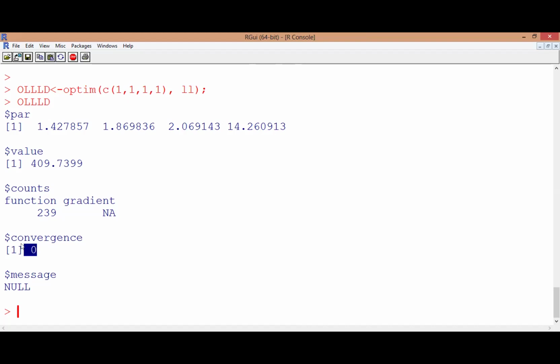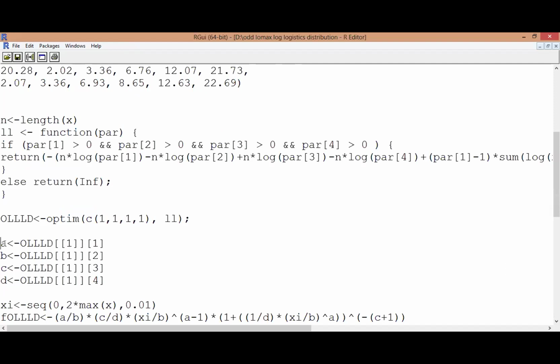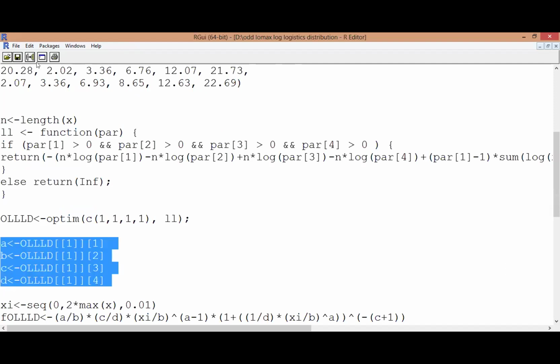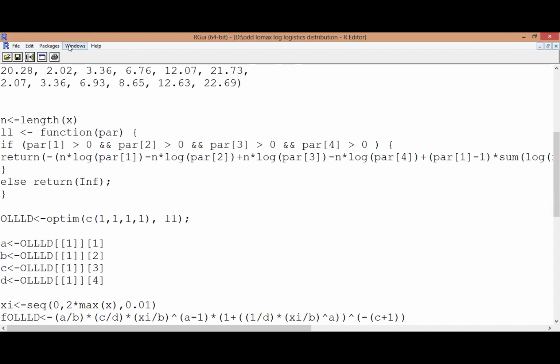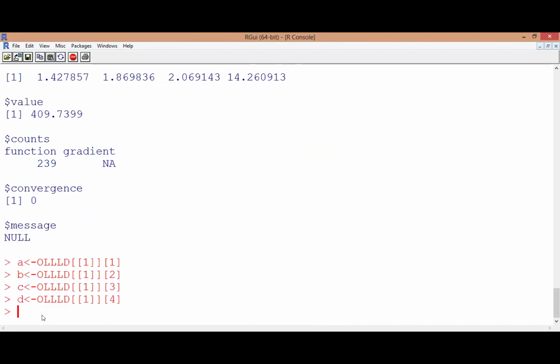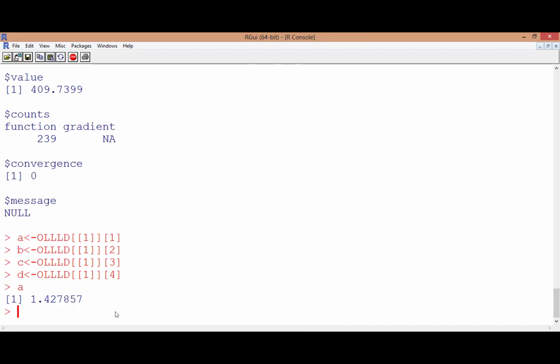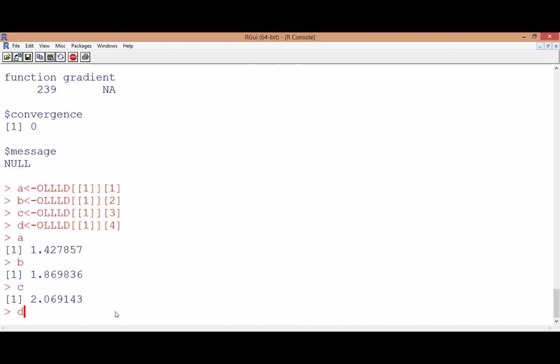So it means we have succeeded in estimating the parameters. Okay, after we have these parameters, we give the definition: A for parameter 1, B for parameter 2, C for parameter 3, and D for parameter 4. If you want to know A, just type A. If you want to know B, just type B, and C and D. These are the parameters.